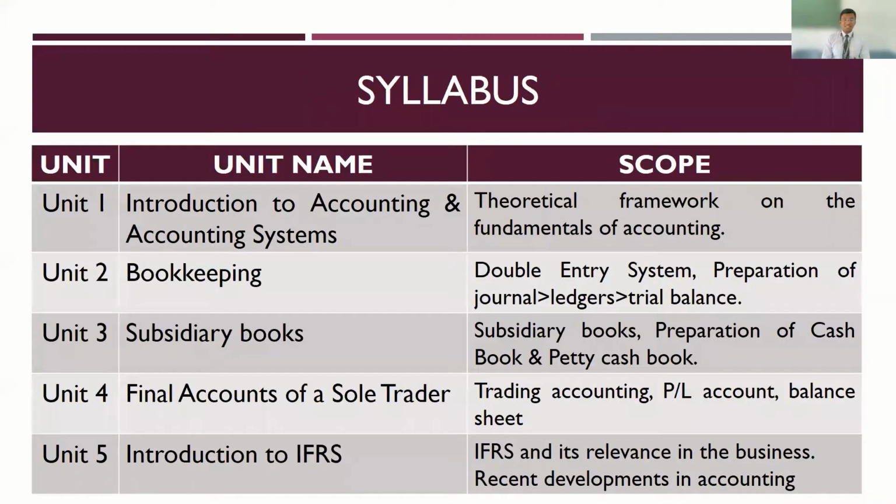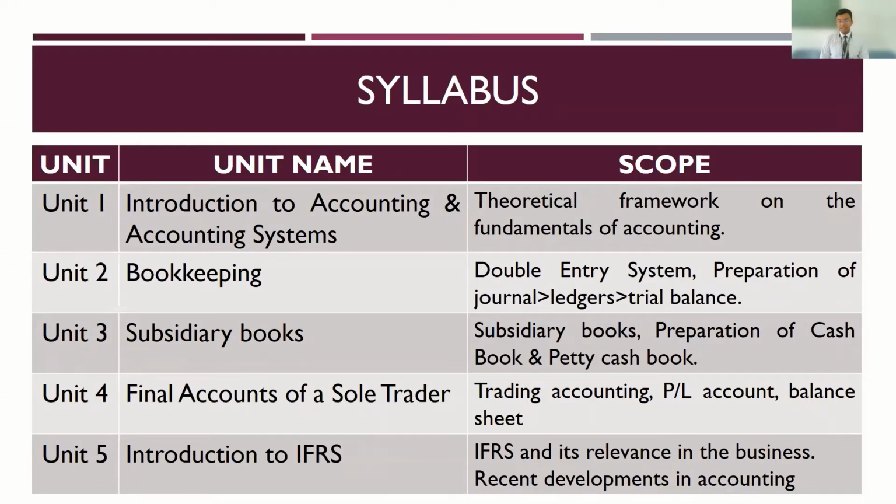So now let me share the syllabus with you. This subject comprises 5 units, 5 chapters. I will also explain what we would be learning under each of these chapters. The first chapter is Introduction to Accounting and Accounting Systems.